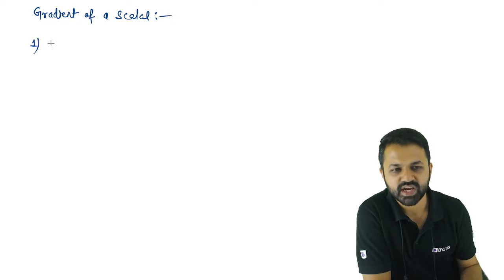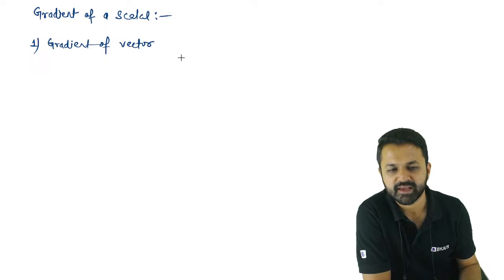The first point that you should know is that the gradient of a vector is an invalid statement.